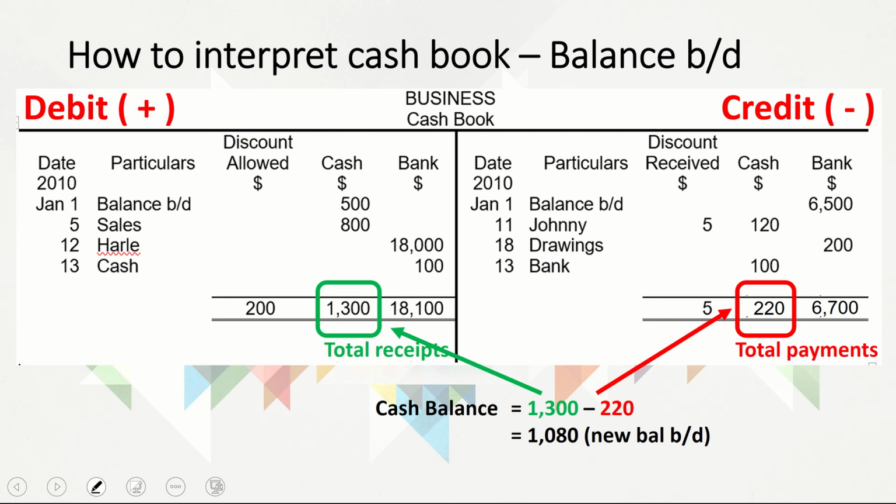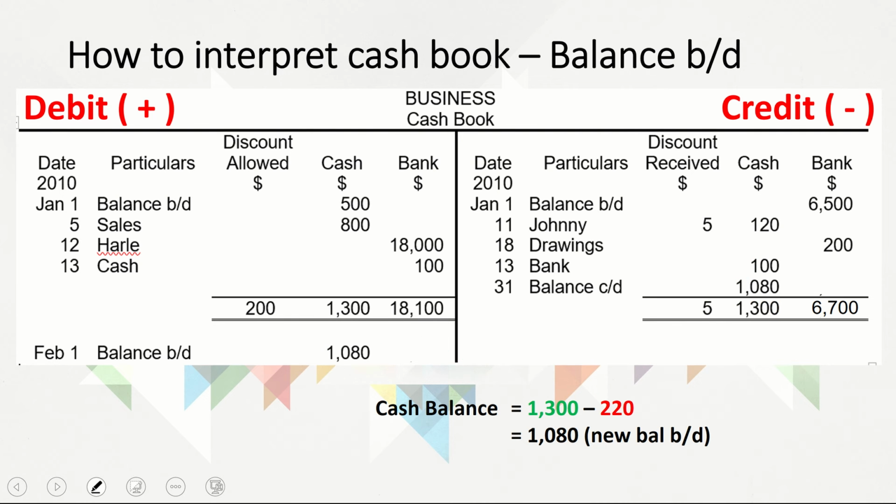So I would sum up the debit balances in cash column, which is 1,003, and minus away the payment amount, which is $220 credit column. So 1,003 minus 220, this is my new balance brought down, which is $1,080.